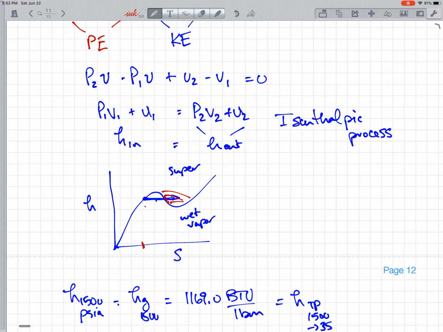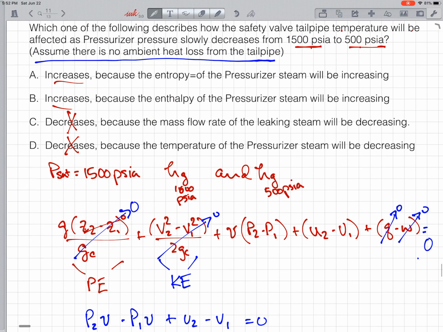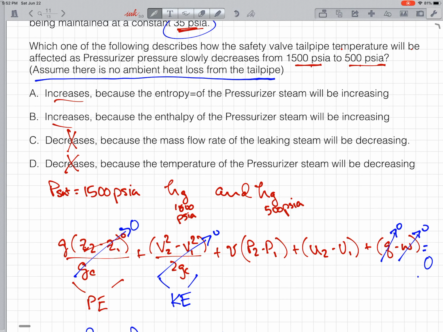Entropy is going from entropy 1 to some state entropy 2 out here. But does that make temperature go up? Not necessarily. Right? So look at the second one. Because enthalpy of the pressurizer steam will be increasing. It will. And we proved to ourselves that it will make temperature go up. So this correct answer is going to be B.